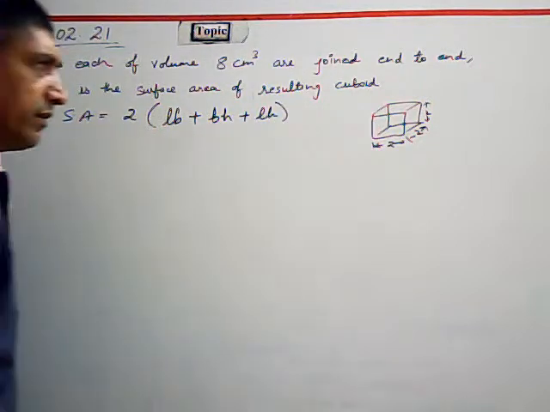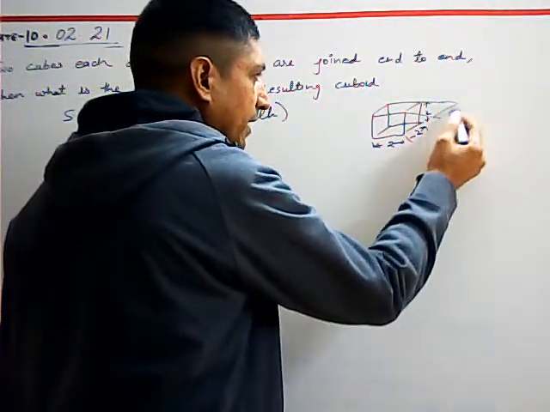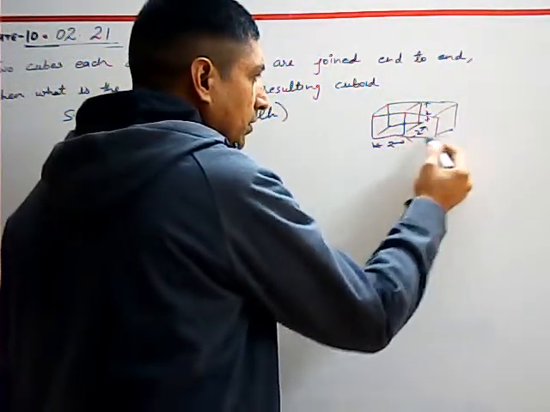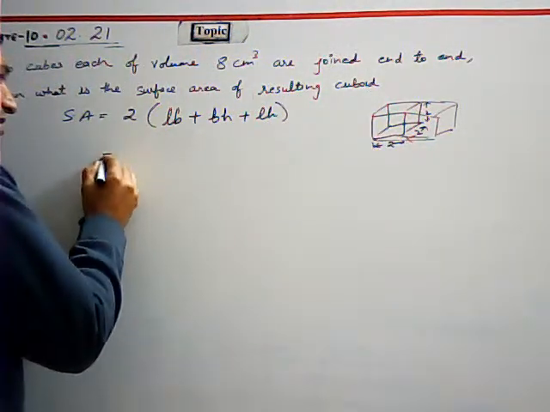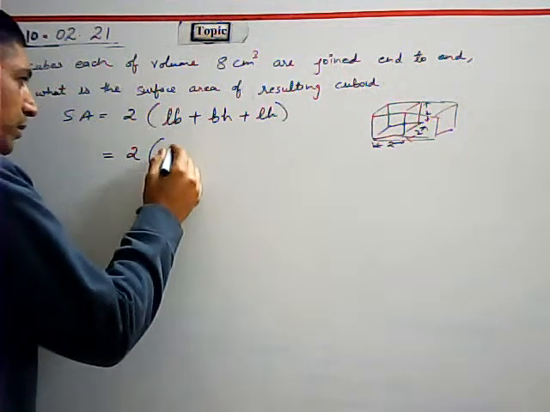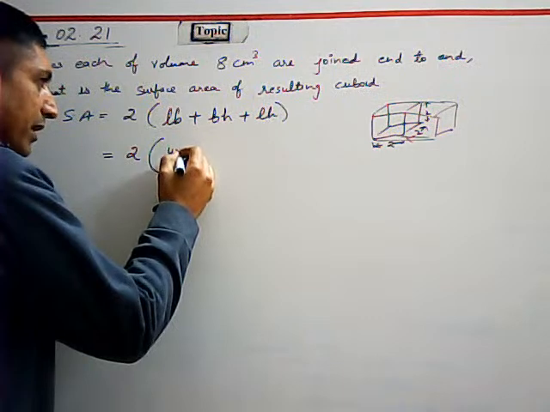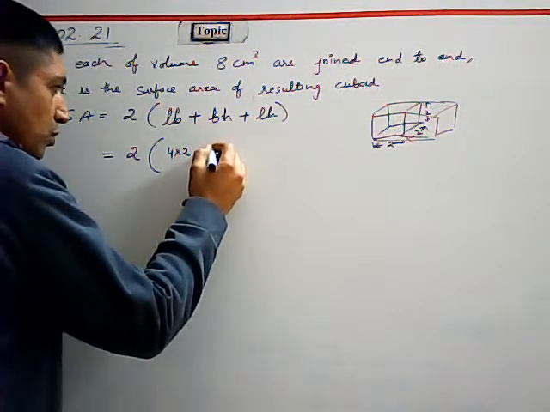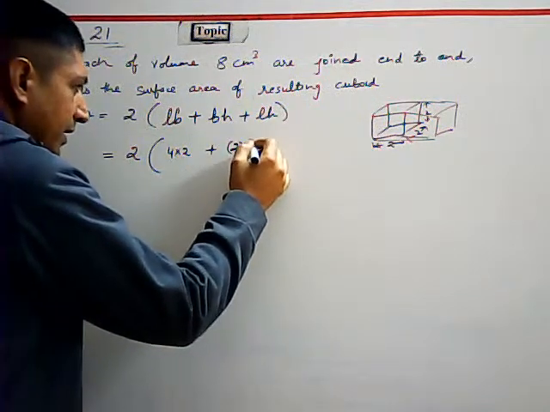So here when we join one more cube together, the length will be 4. So this surface area, that is 2 into length is 4, right? And breadth is 2, plus BH, that is 2 into 2, right?